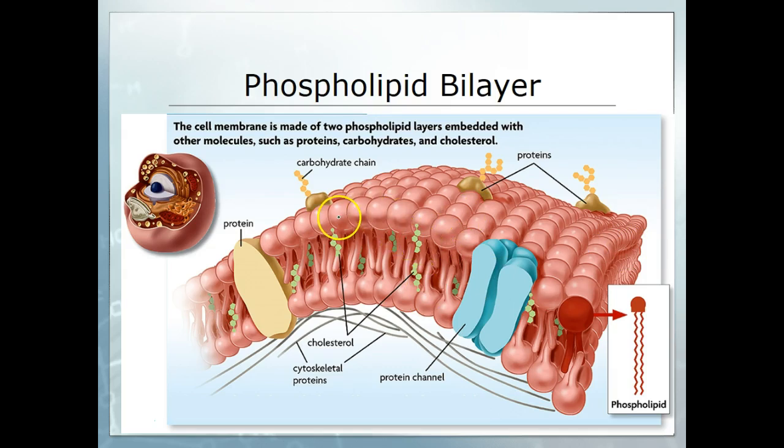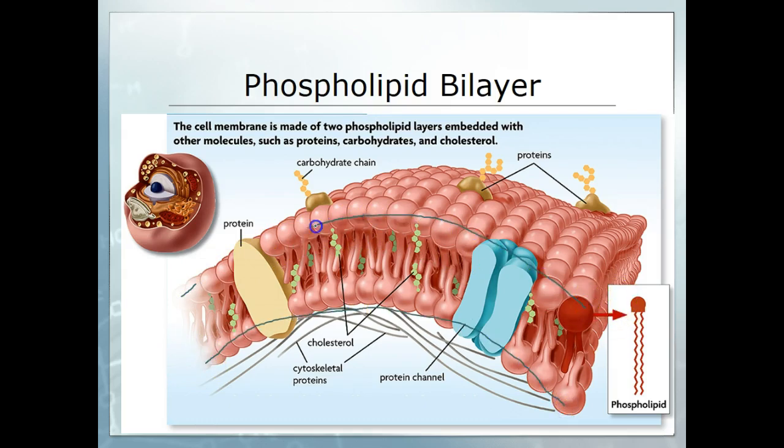Notice these little pink kind of jellyfish-looking things? Those are the phospholipids. A phospholipid like this one looks just like we drew it. It has a phosphate head. It has 2 fatty acid tails or chains. Notice that all the heads are towards the outside, and all the heads are towards the inside of the cell.